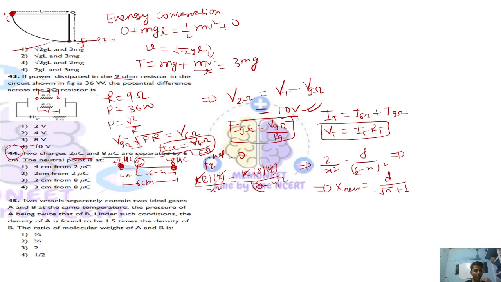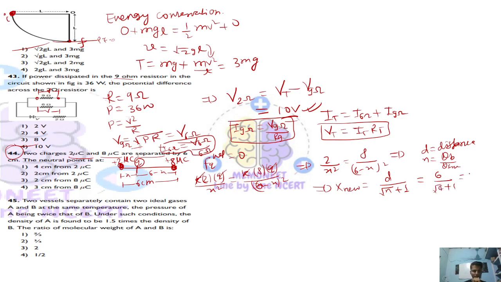D is the distance and n is the ratio of the big charge to the small charge, q big upon q small. So when you put d equals 6 and the ratio 8 by 2, that means 4, it becomes 6 upon root of 4 plus 1.